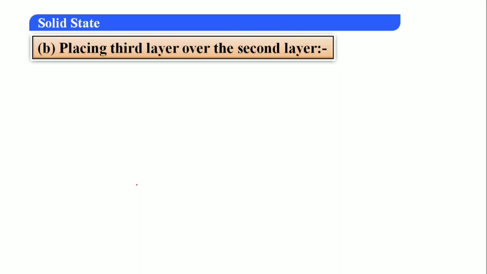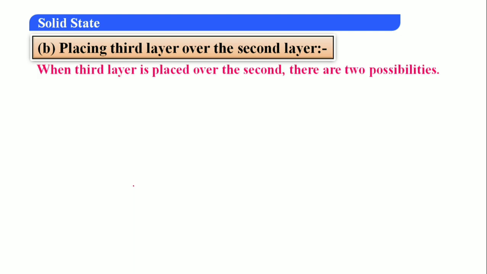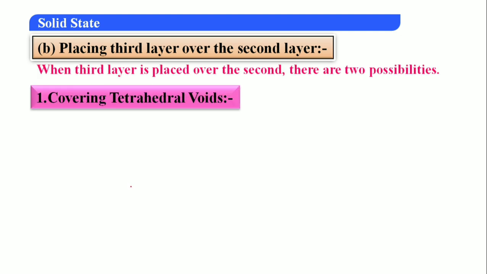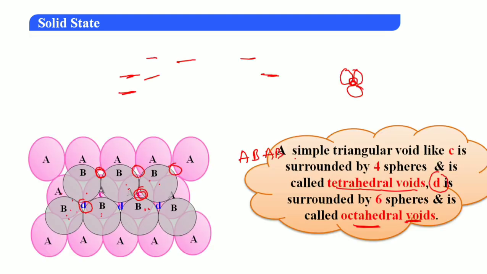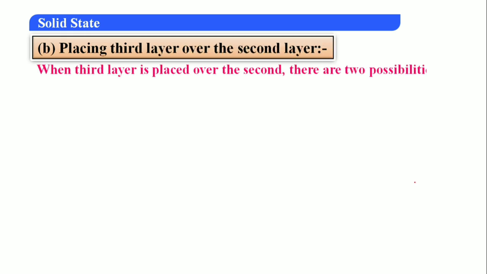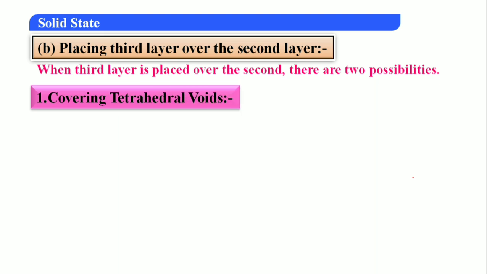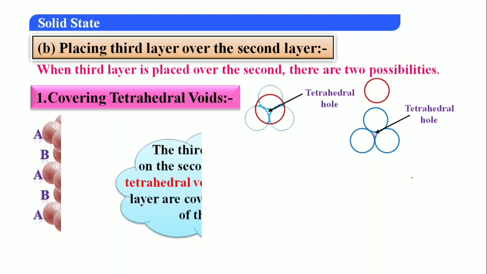Now placing the third layer over the second layer, you will see. When you place the third layer over the second, there are 2 possibilities. One is covering tetrahedral voids. So covering tetrahedral voids means, I will show you once again, covering this C one way, covering this D another way. Now you will see. When the third layer is placed over the second layer, covering tetrahedral voids, you can see it here.